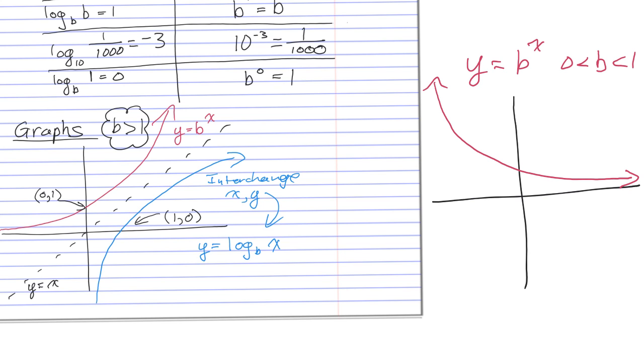Then when we find our log, remember it gets reflected in y is equal to x, which means that this is still 0, 1 here, but our point is reflected about the x-axis, so we get 1, 0, and our graph now looks like this.